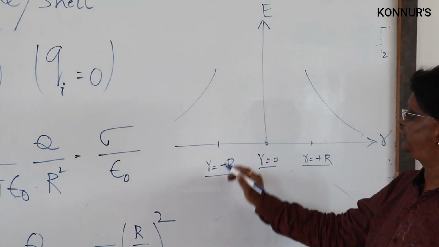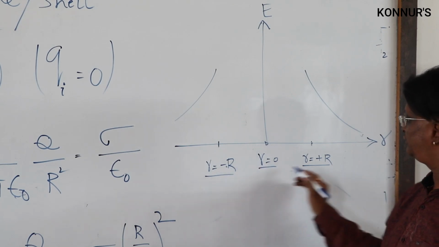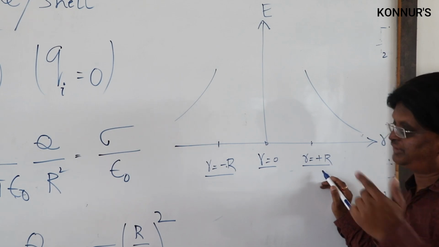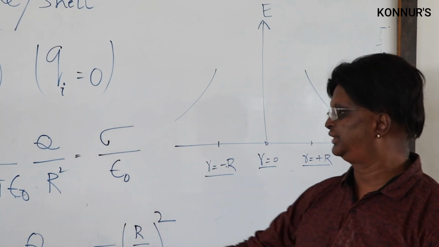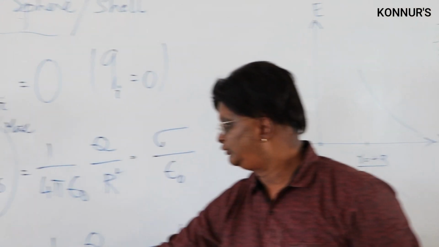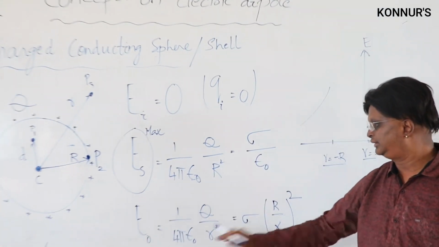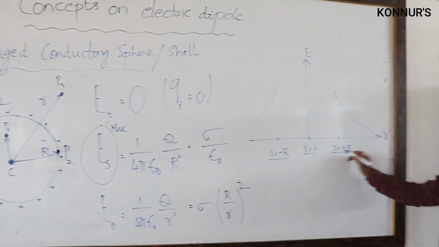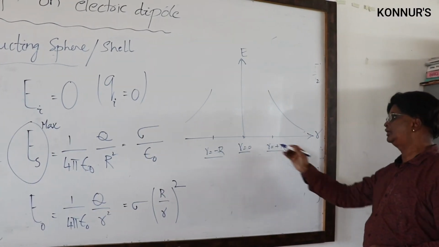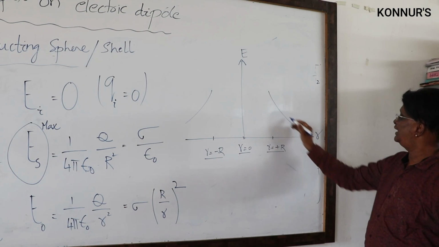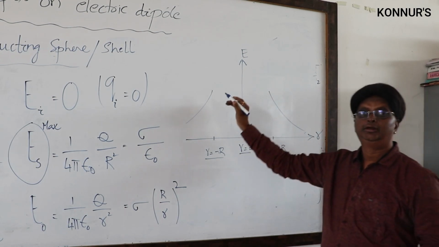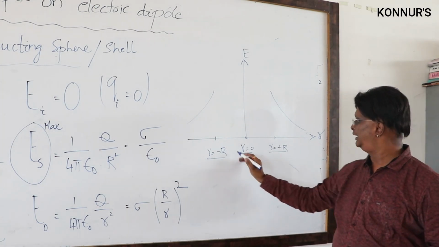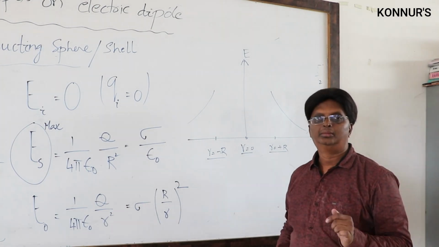Outside, you have a graph which is a parabola, because E outside is proportional to 1 by r square. That is why after r equal to plus R or r equal to minus R, the graph you get is a parabola. Therefore, this is a discontinuous graph from r equal to minus R to r equal to plus R.